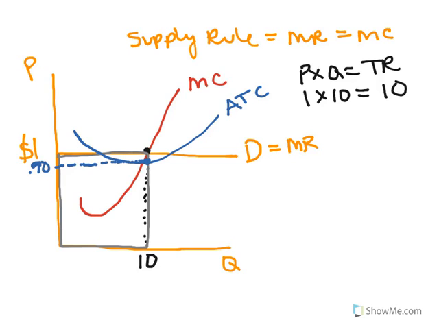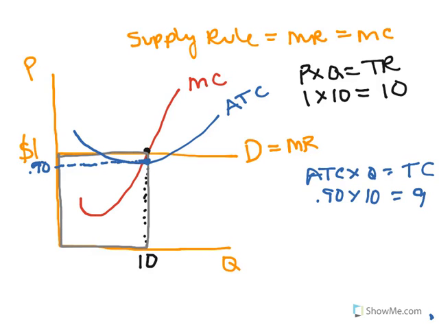So what I need to figure out now is what is my total cost. So we know that total cost is going to be average total cost times quantity of output. My average total cost per unit is 90 cents. We are producing 10 units of output. Therefore, our total cost is $9. Right?